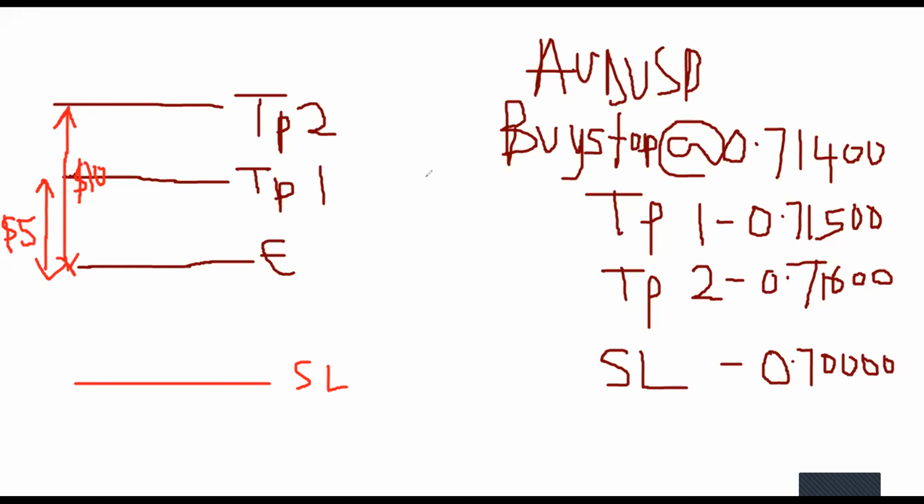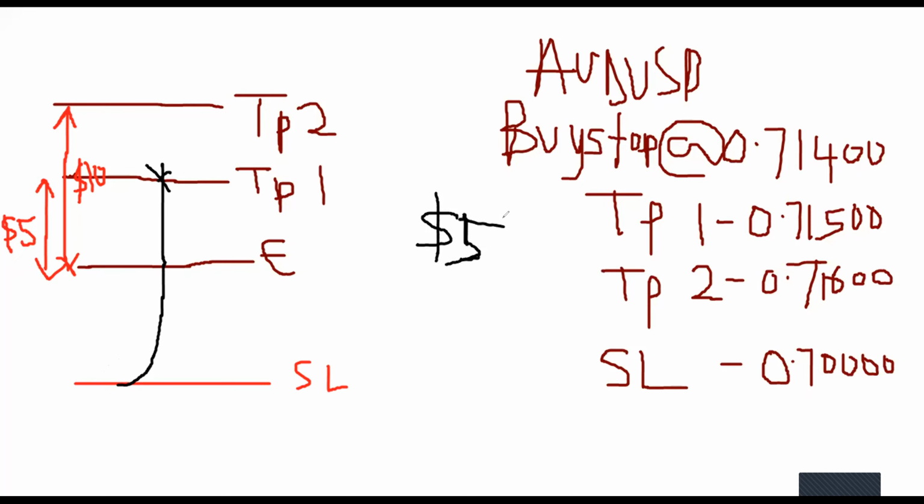So let's say you have a trade now running, and the trade moves from here. It hits your entry point. Once it hits your entry point, you're in the market. Then it goes up. It hits TP1. Remember that from the entry point to TP1 was $5. Immediately, class, you have earned $5 in your profit margin.